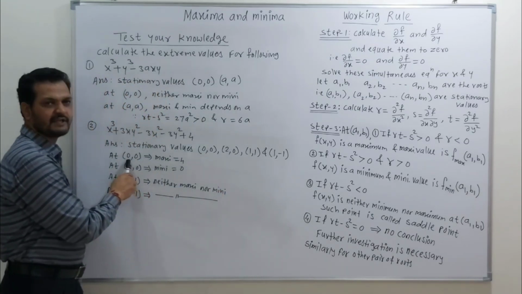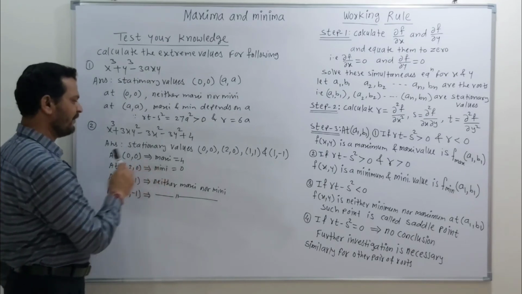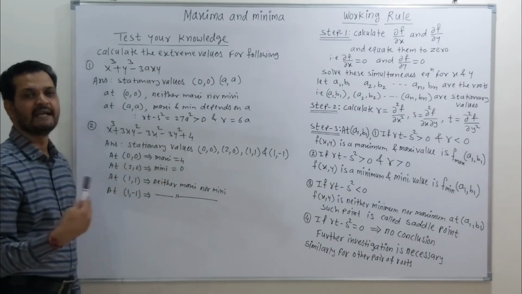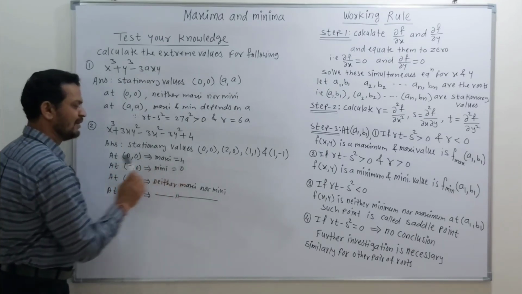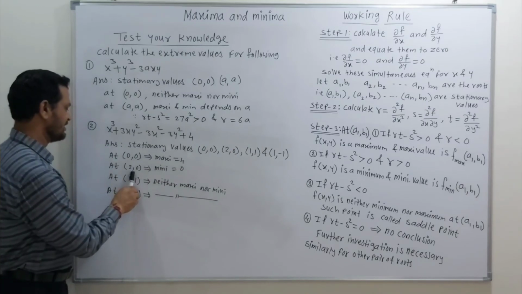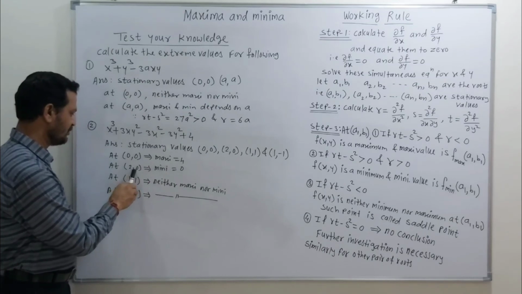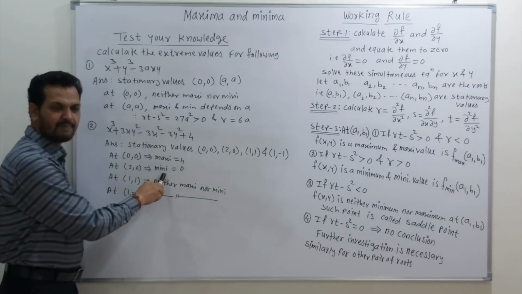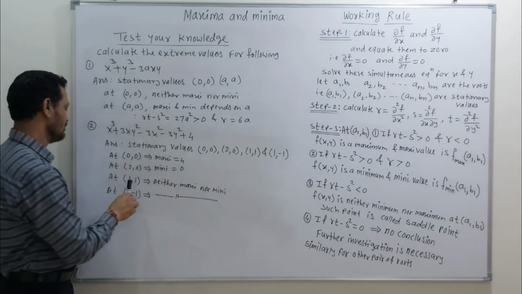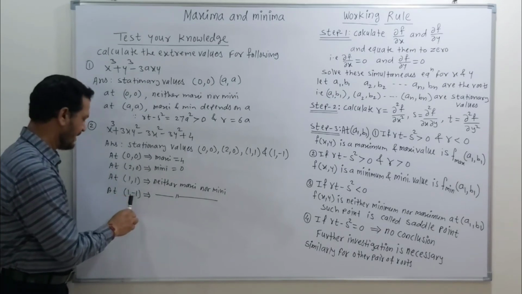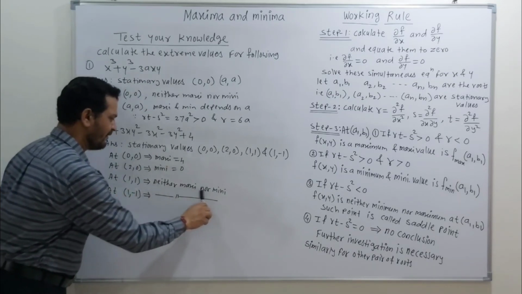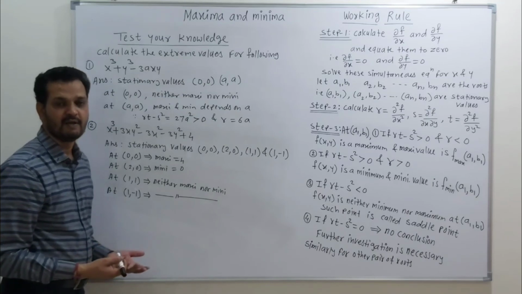At the first stationary value (0, 0), function is maximum, and the maximum value is 4. Then second stationary point is (2, 0), that means x is 2 and y is 0, we get the minimum, and minimum value is 0. Then for the points (1, 1) and (1, -1), given function is neither maximum nor minimum.